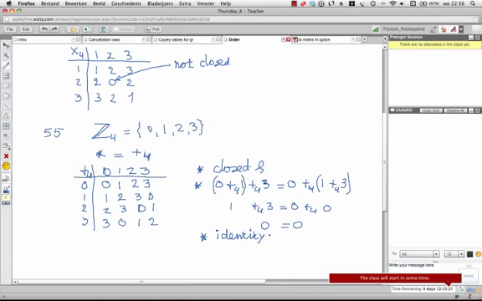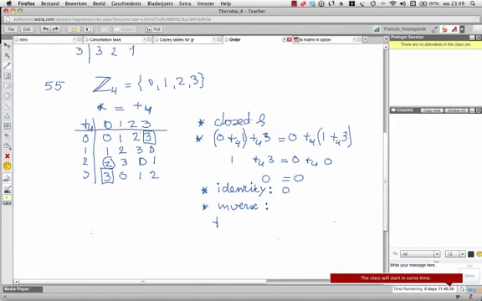And obviously the answer is yes, because the identity element is simply 0. And the last idea which I need to prove is the fact that this star has an inverse operation, yes or no.